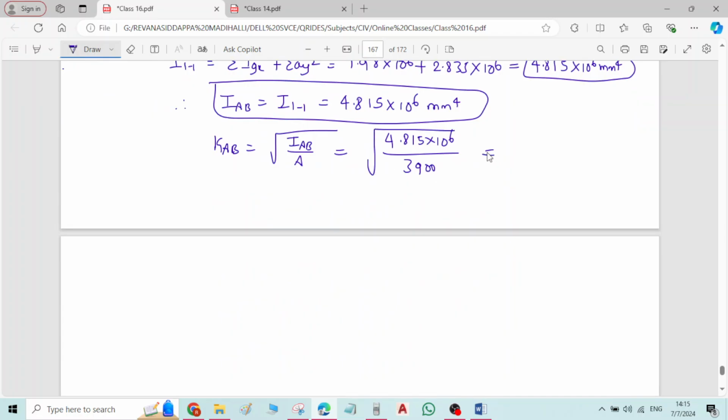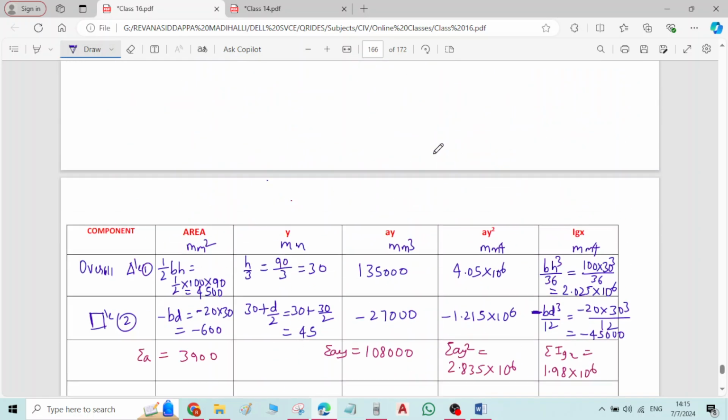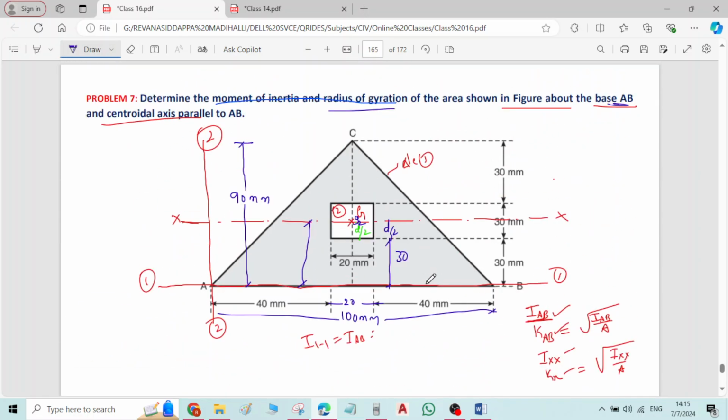The answer is 35.13 millimeter. To this, finding radius of gyration and moment of inertia about axis AB is over.